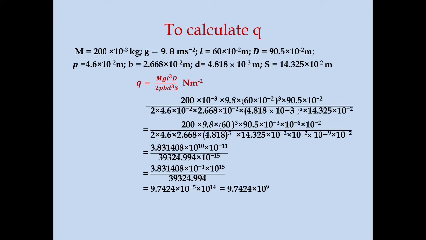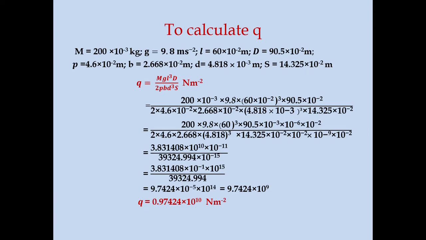So in the next step it is 9.7424 into 10 power minus 5 plus 14, which gives you 10 power 9. In the next step, you bring a power inside so that your Q becomes 0.97424 into 10 power 10 Newton per meter square.